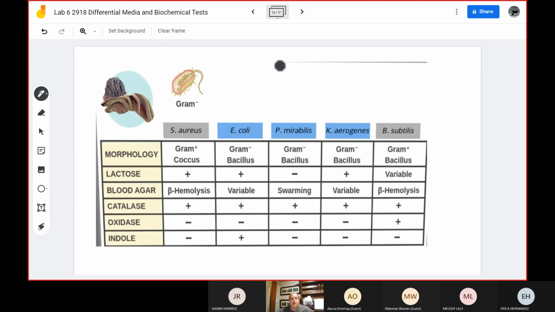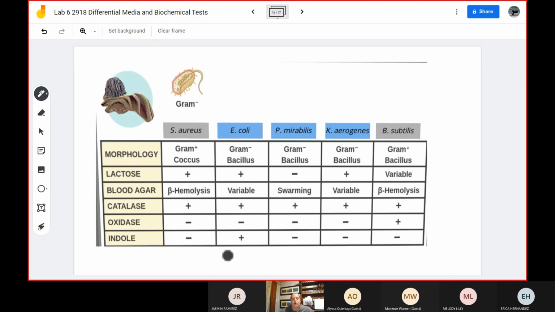Overall, the point of running all of these tests is to be able to utilize a table similar to this with known properties of different bacteria and narrow down your options using these tests. For example, if you ran an oxidase test and it came back negative, you would know it's not Bacillus subtilis, so you could cross that one off.